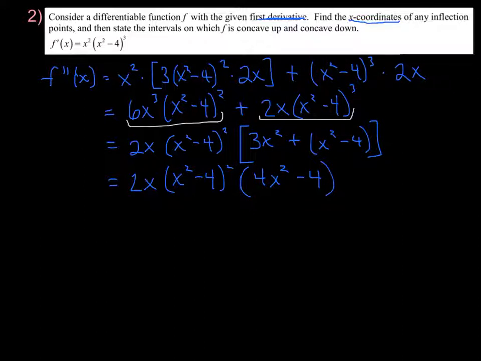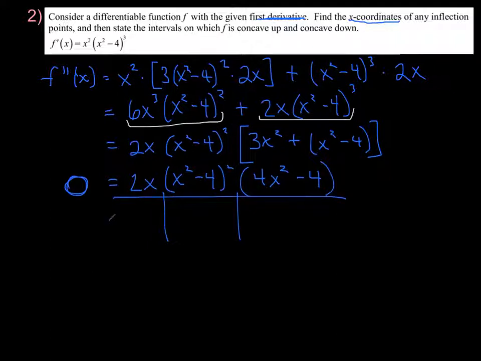All right, which now, if I want to find the intervals for which it's concave up and down, I need to find its critical values. So I'm going to go ahead and set this equal to 0. And if you look, it's already in factored form, okay? 2x is one of my factors. x squared minus 4 squared is a factor, and 4x squared minus 4 is a factor. So I'm going to set each of those factors equal to 0.